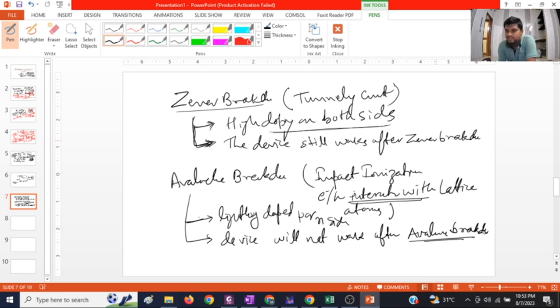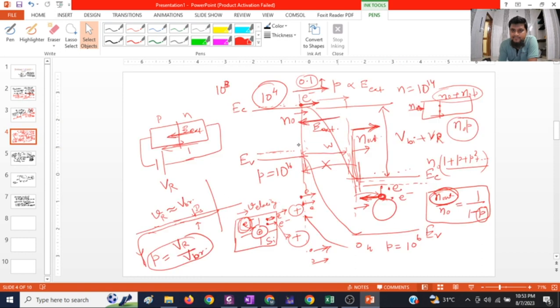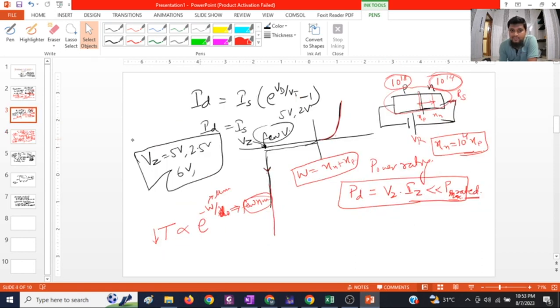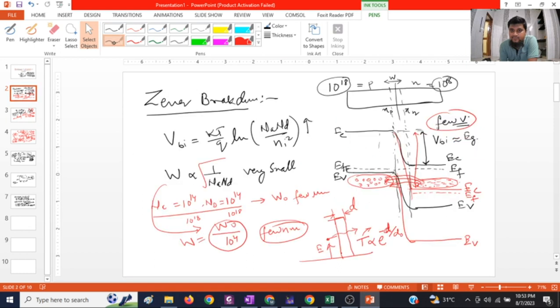In Zener breakdown, because of tunneling current, the charges were just tunneling from one side to another, and that was completing the circuit. That's all. Nothing has happened to the lattice itself. The lattice atoms are at their own place.